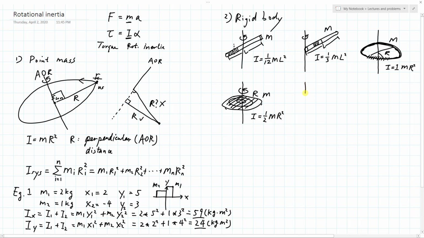All right, I promise this will end pretty soon because I'll run out of space, right? So what if we have a sphere? Okay, so let's call it a solid sphere.